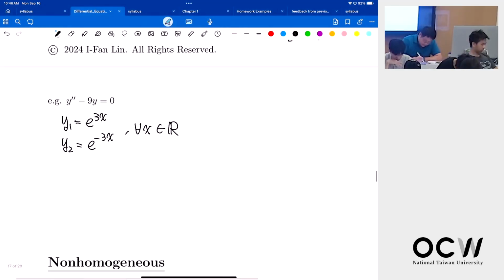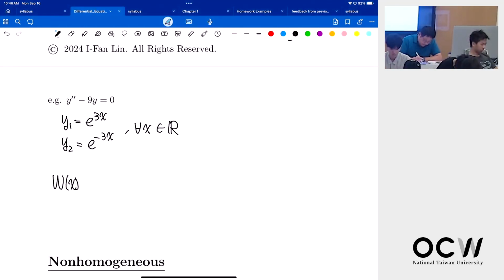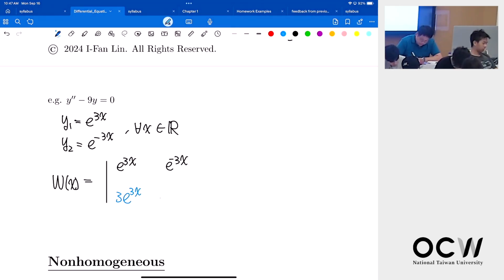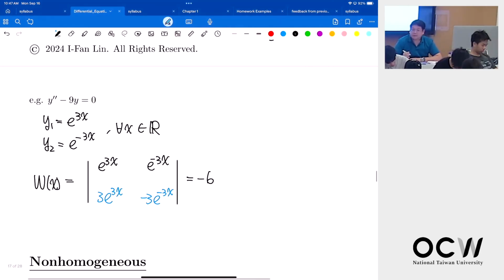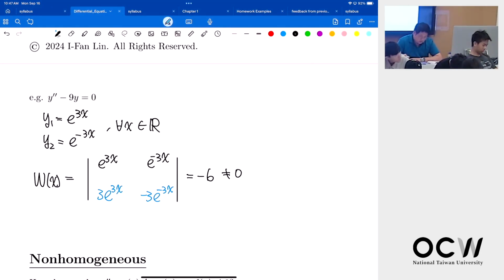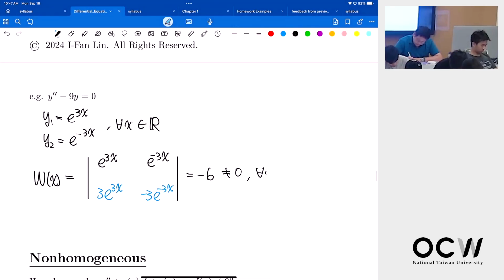Let's see this W. We have e to the 3x, that's y1, y2, and the first derivative of y1, 3 times e to the 3x. And for y2, minus 3 times e to the minus 3x. That's minus 6, okay? Not 0 for all x.